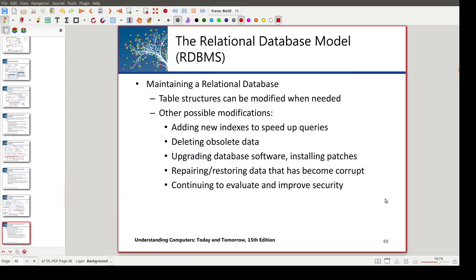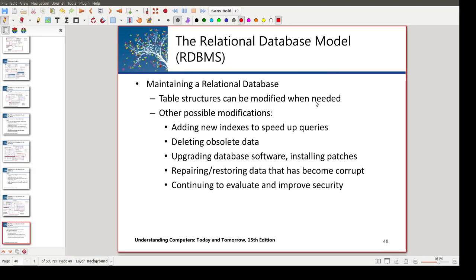Maintaining a relational database: how do we maintain it? You create a database, you query this database, and now you are maintaining it. The table structures can be modified when needed. For example, I needed to add one more field for the student. I had earlier name, ID, and address.